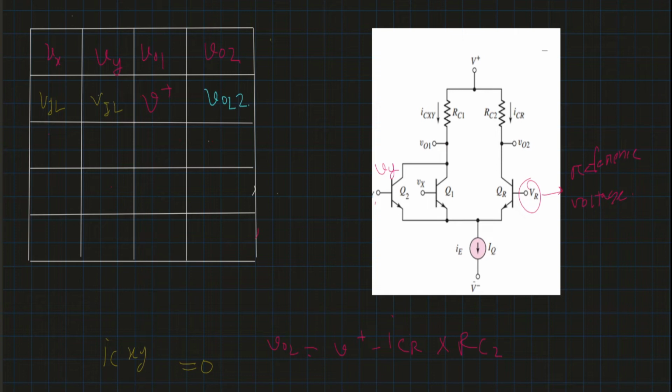Now let's consider the second case, when the first input is logical high. We write this as VIH, and the second input is logical low. Now this logical high voltage has to be at least 0.12 volt higher than the reference voltage.